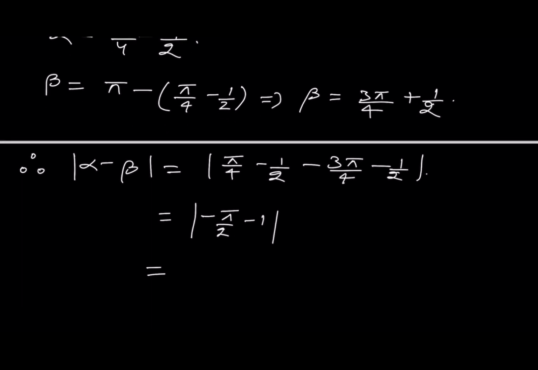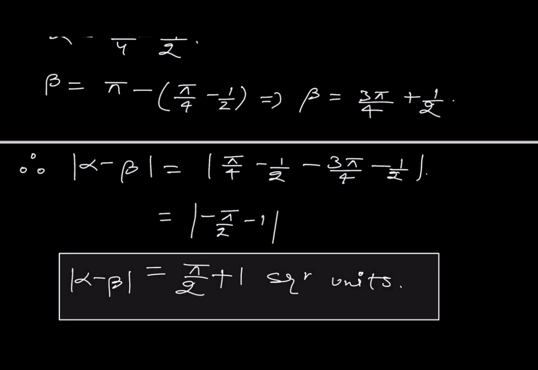Inside the mod there is a negative, but mod will consume the negative sign and it will become pi by 2 plus 1, right? Because we are dealing in areas, so this is in square units. Mod of alpha minus beta, right?